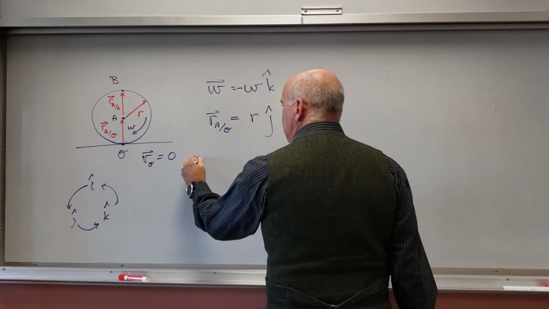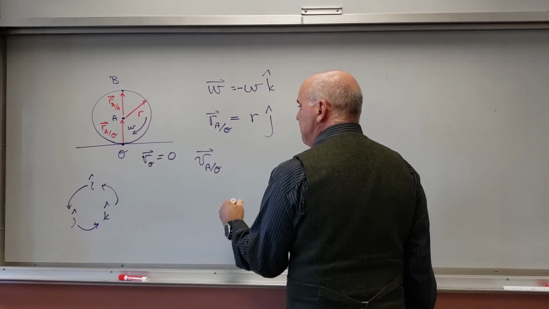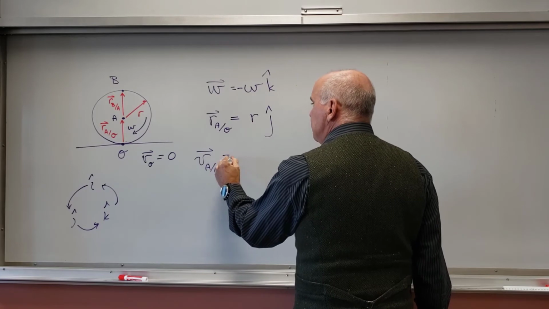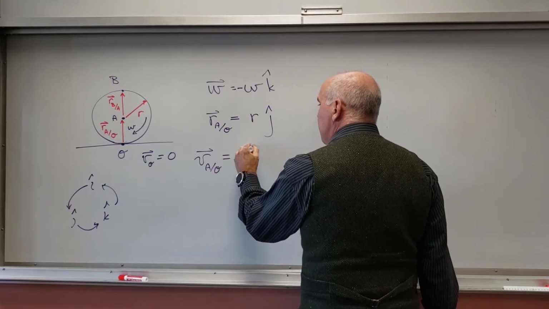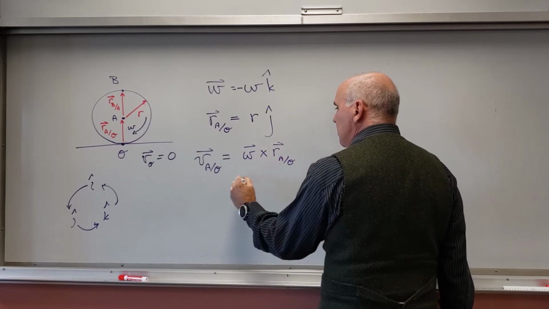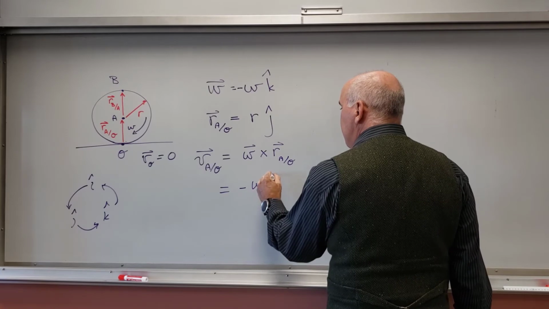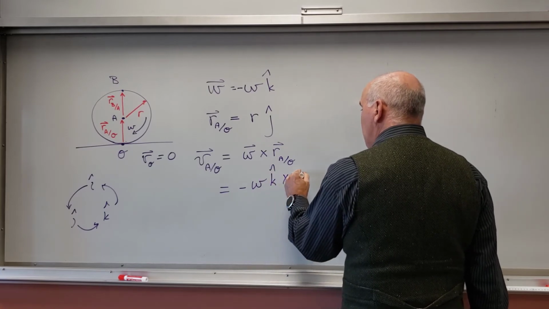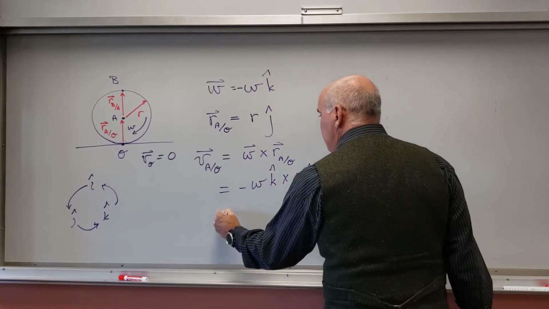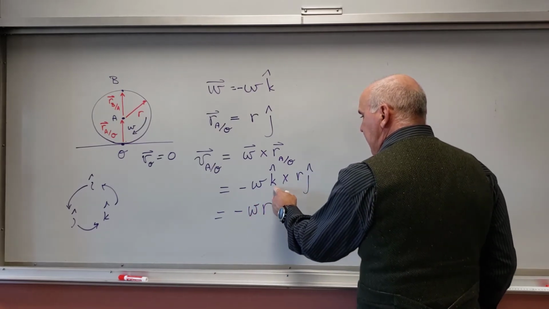And so velocity, recall from a previous video, the velocity of A with respect to O is equal to omega crossed with R of A with respect to O. And so what is that? That's going to be minus omega k hat crossed with R j hat. So I get minus omega R, and then k cross j.